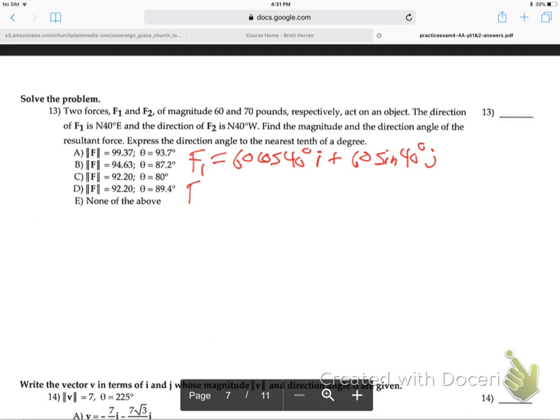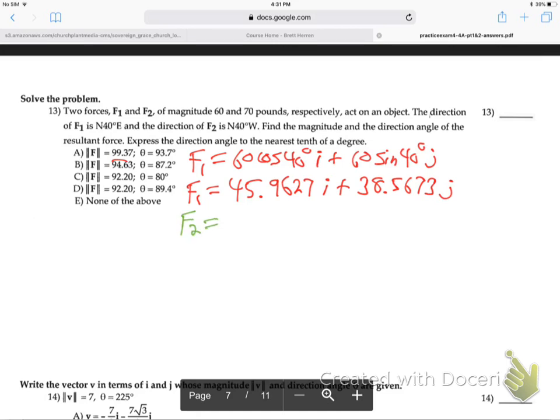Now they want 2 decimals in the answer, so I'm going to go like 4. That's 45.9627 I plus 60 sine 40, which is 38.5673 J.